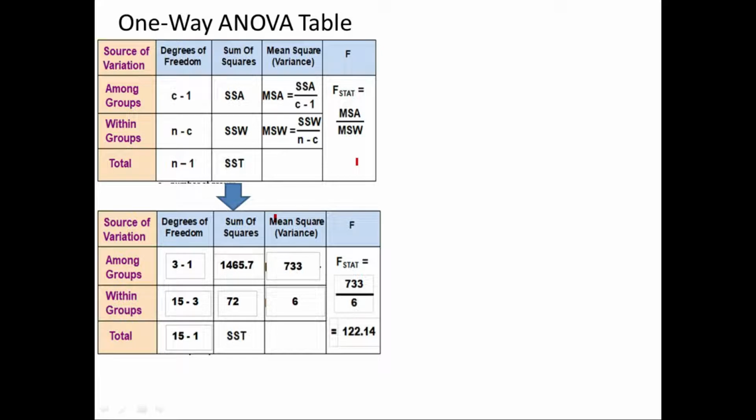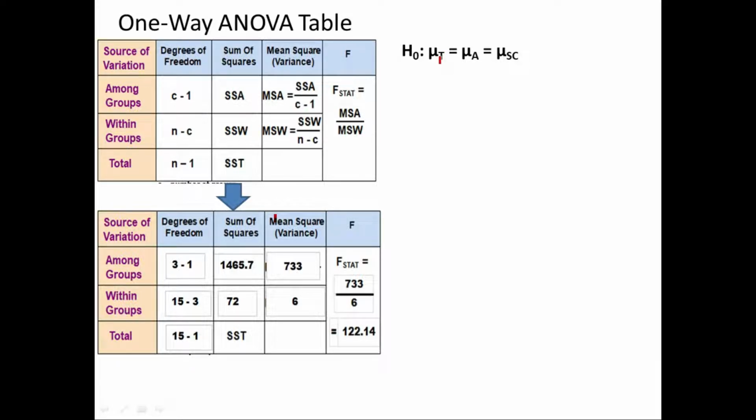Now let's see the hypothesis testing process. As usual, we have to develop the null hypothesis. In the null hypothesis, we will assume that all of the means coming from these three populations are equal.